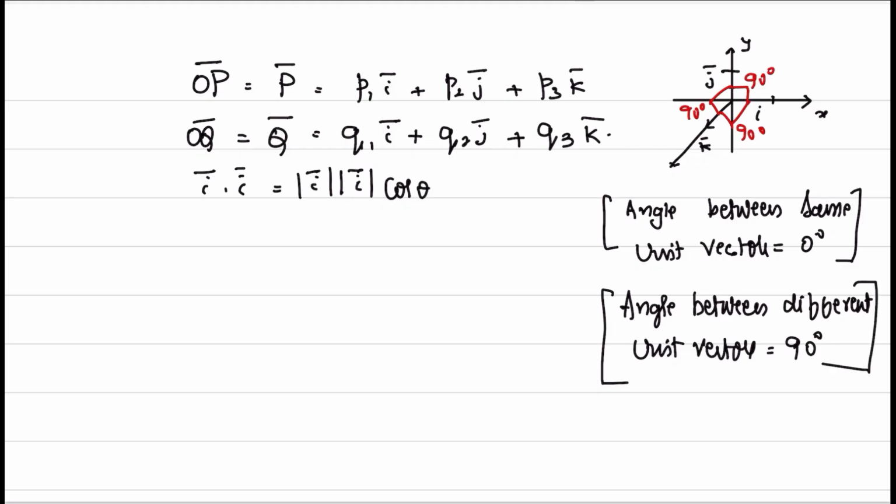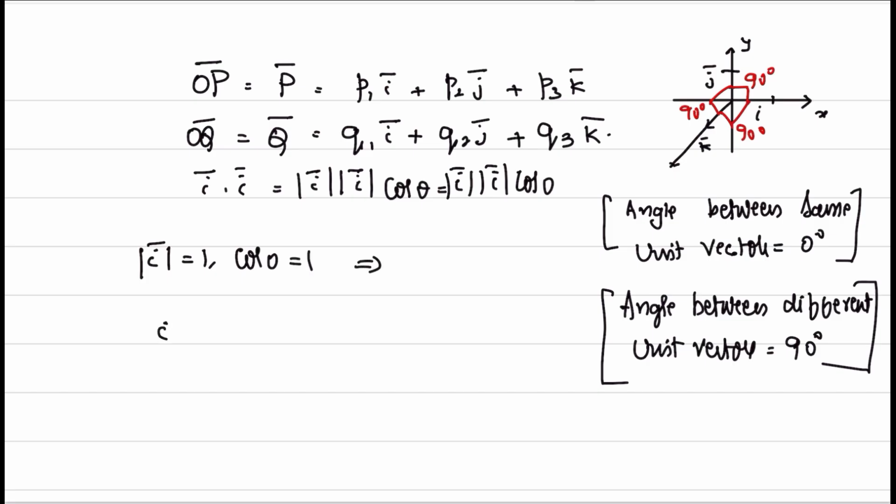That is the geometry. Now, I bar dot I bar is equal to modulus of I bar into modulus of I bar into cos 0. What is the value of cos 0? Cos 0 is equal to unity. Modulus of I bar is equal to 1 because it is a unit vector, and cos 0 is equal to 1.